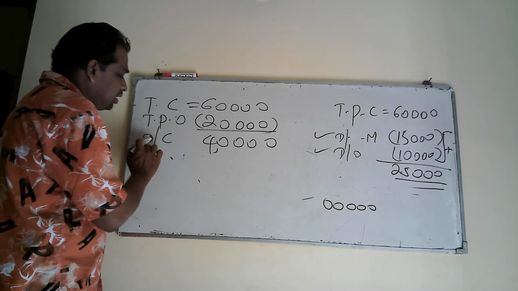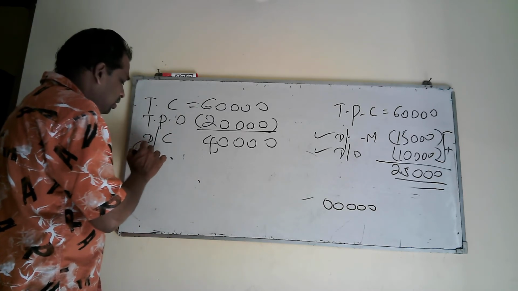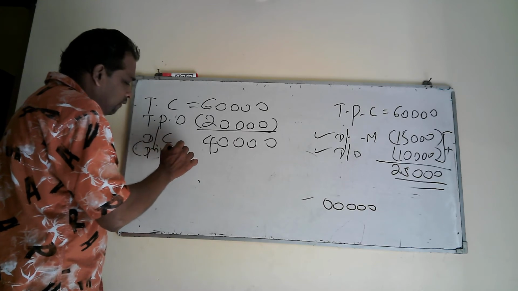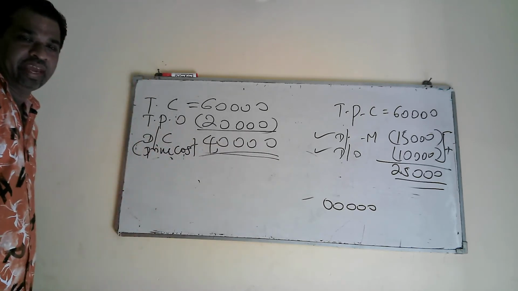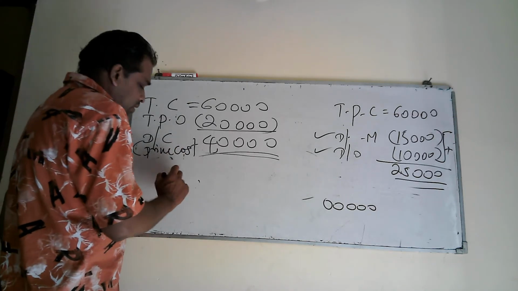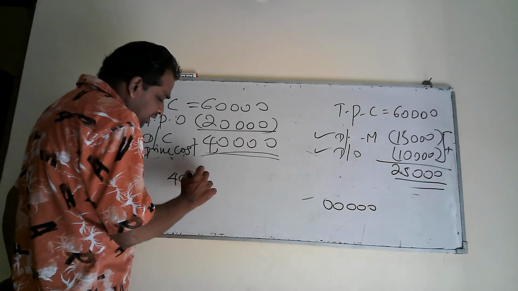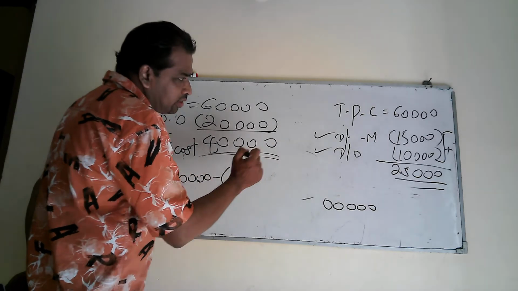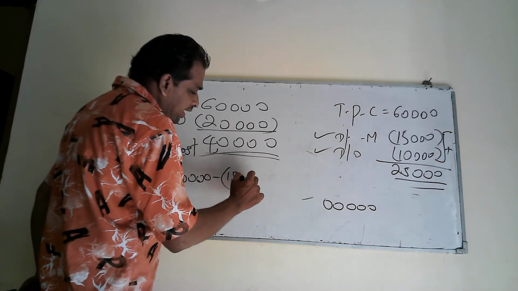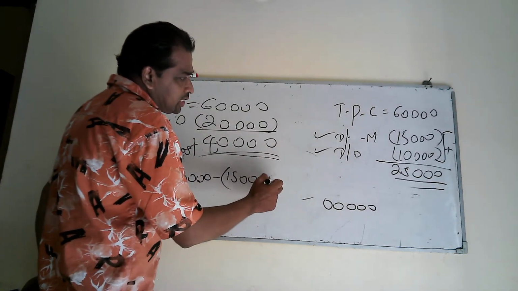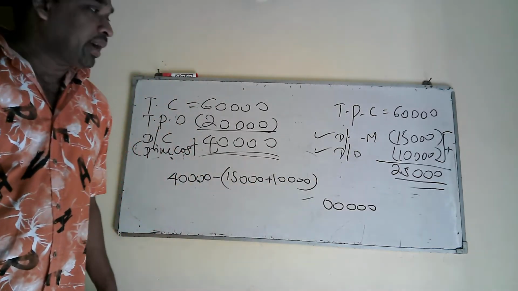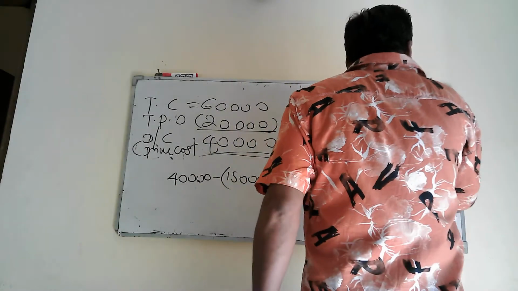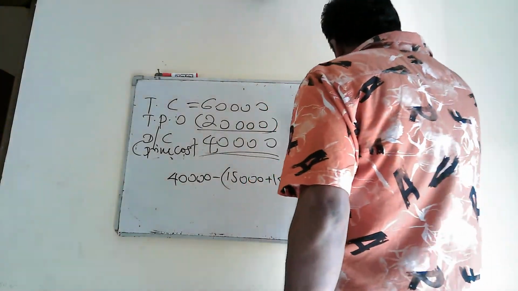That is direct cost, or prime cost. Then with prime cost 40,000, you deduct those two values, 15,000 direct material plus 10,000 direct other cost, and then you can take the answer.